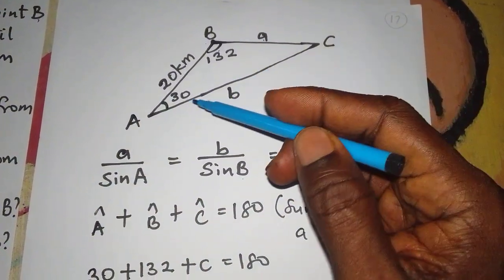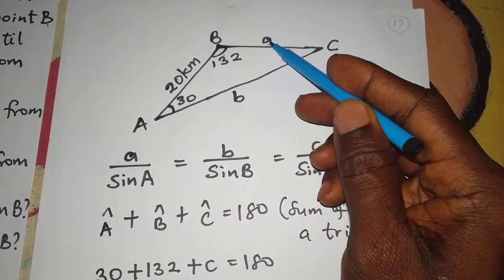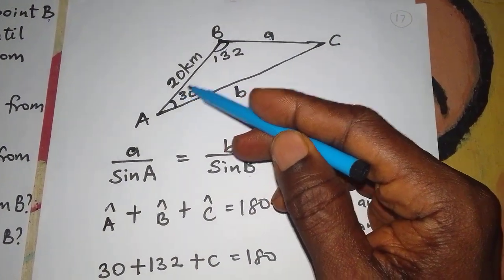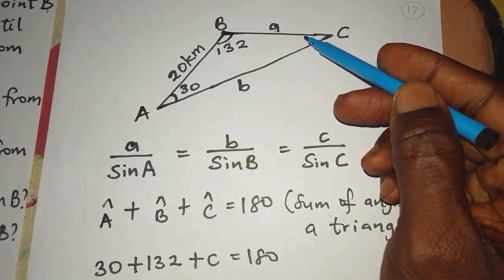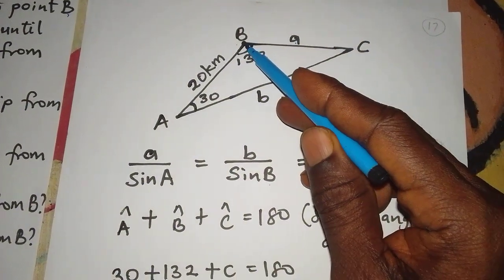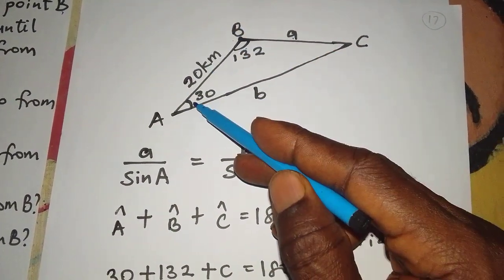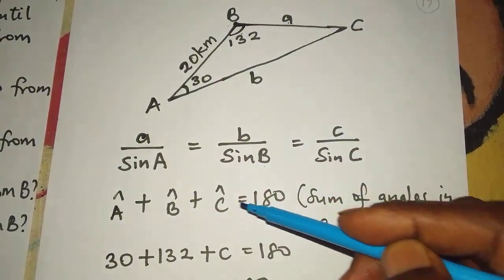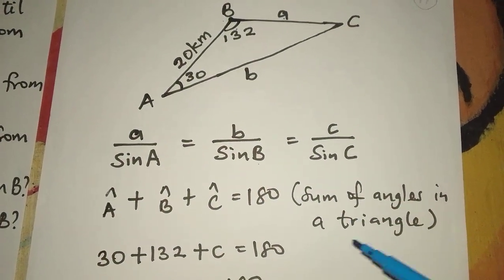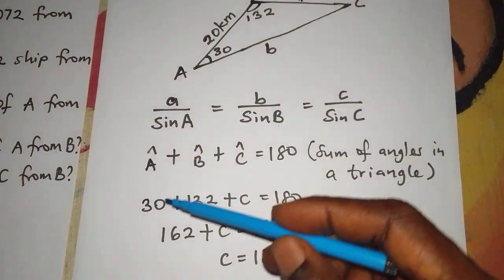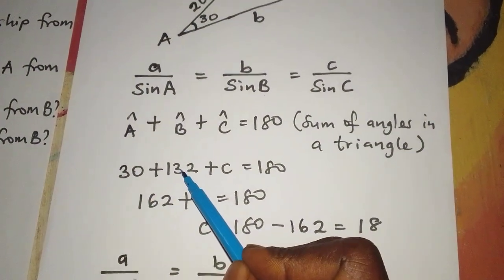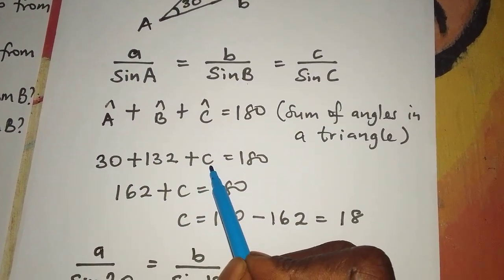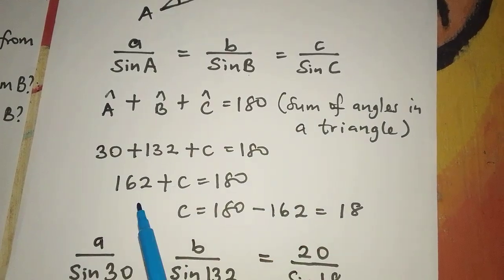So your angle A is what? For us to be able to get this third angle, you can use the sum of angles in a triangle. So angle A plus angle B plus angle C is equal to 180. Sum of angles in a triangle. So angle A is 30 plus B is 132 plus C we are looking for is equal to 180.